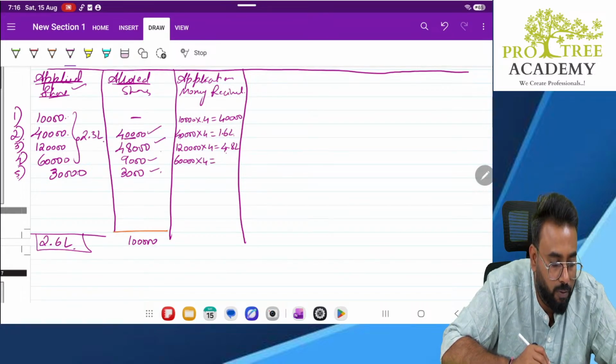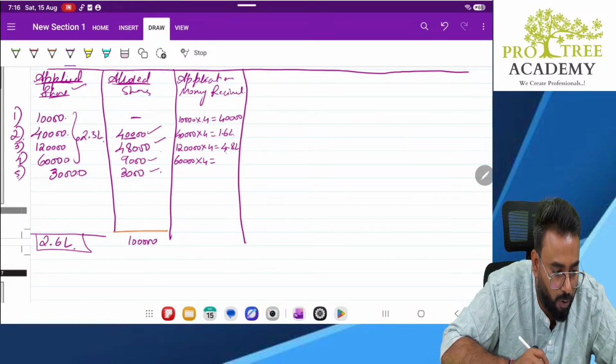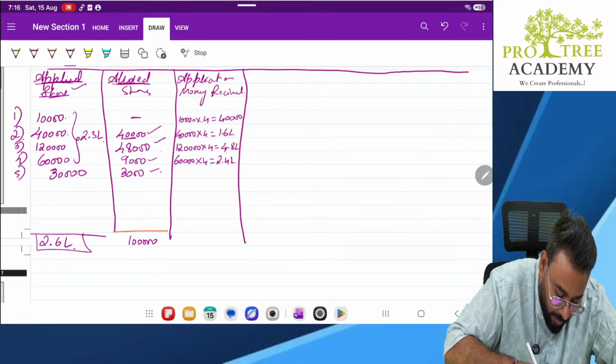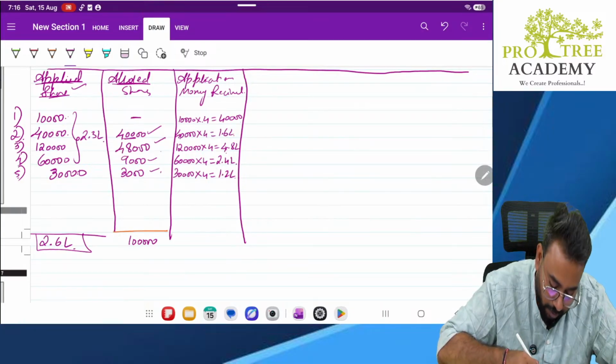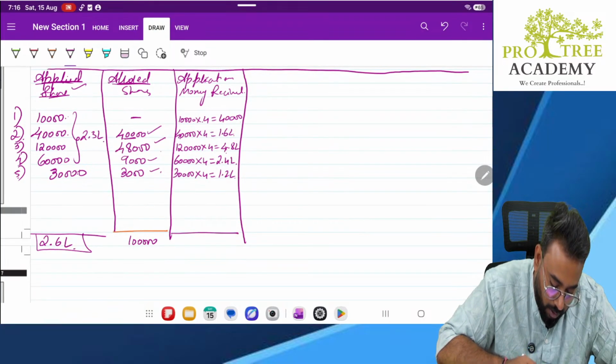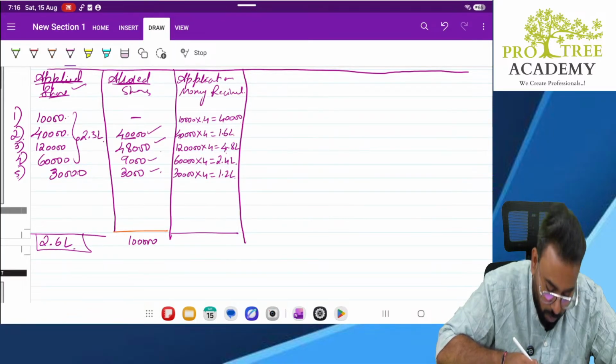How much is 60,000 into 4? Please calculate, 2.4 lakhs. Here, 30,000 into 4, 1.2 lakh. Total we have received 10.4.